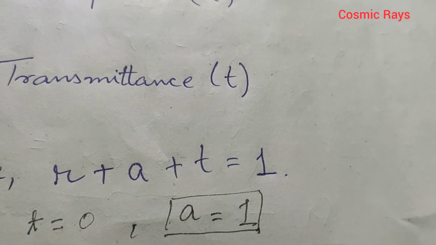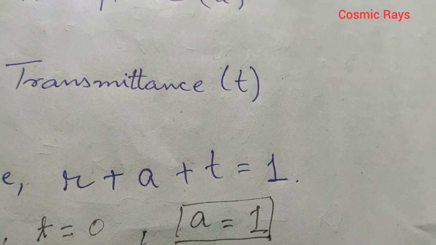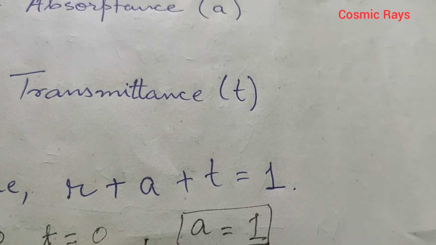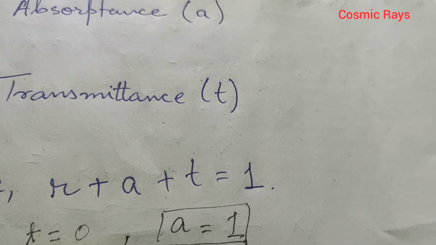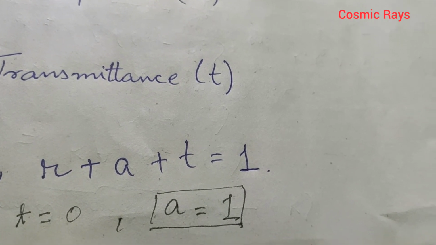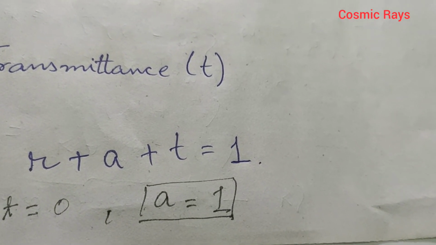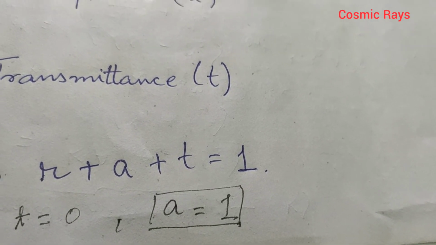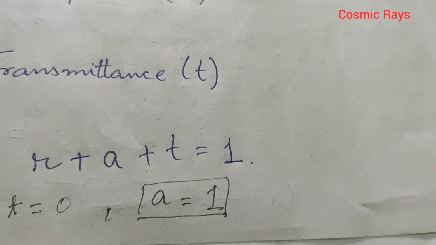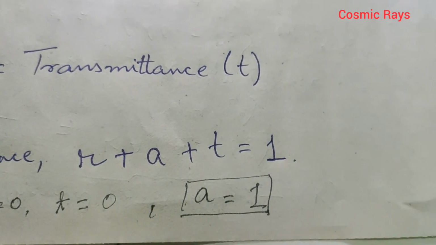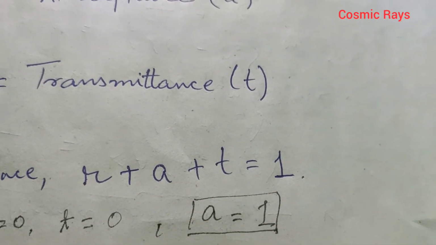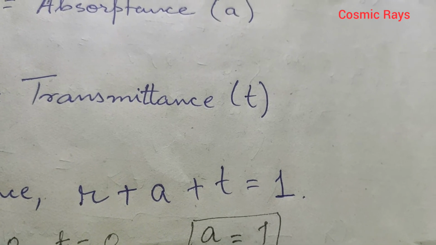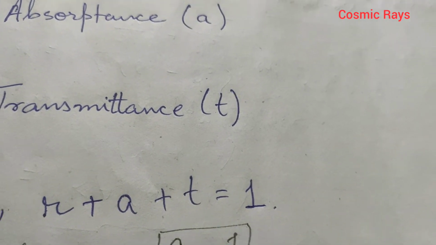A perfectly black body is a body which absorbs all the radiations incident on it, of all wavelengths.